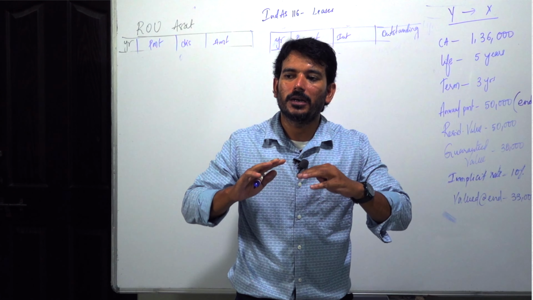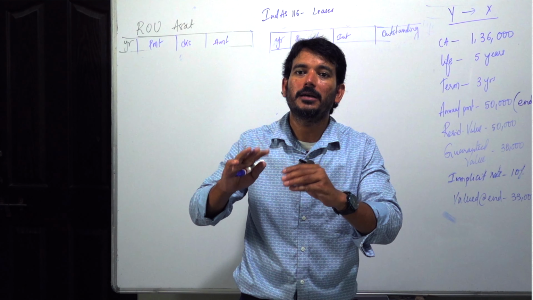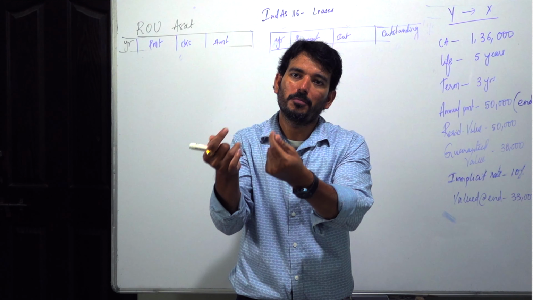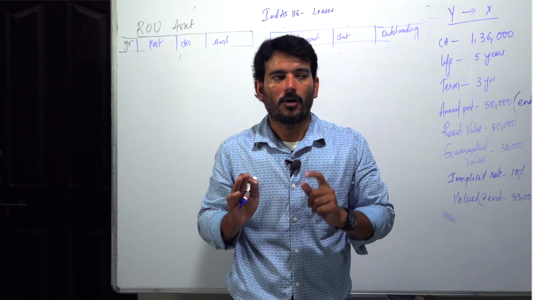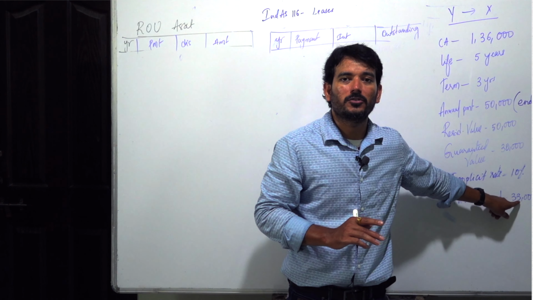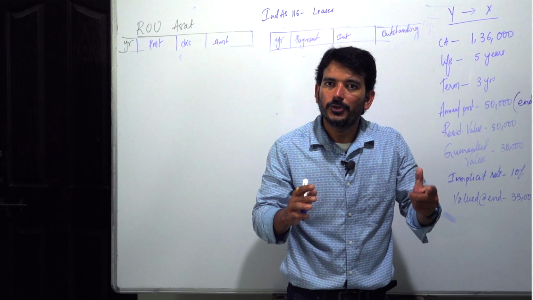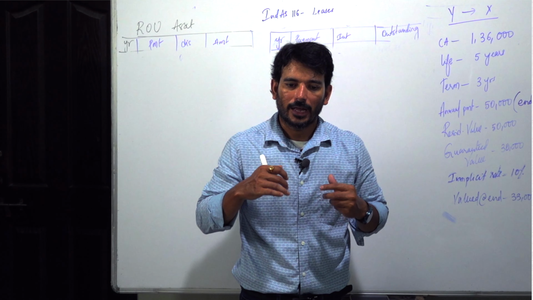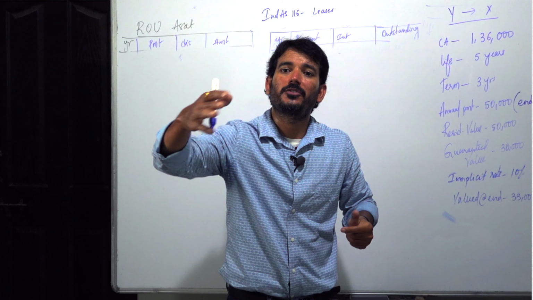So if the value of the asset becomes 0 after the 3 years, the lessee will be liable to pay me 30,000 rupees. Or in another way, say it is valued at 33,000 rupees at the end of the useful life. I am the lessor, you are the lessee, I have given an asset to you, you use it for 3 years.